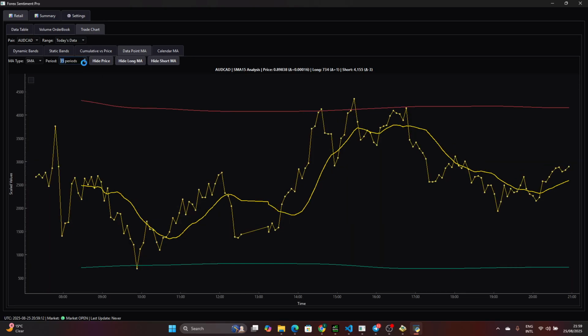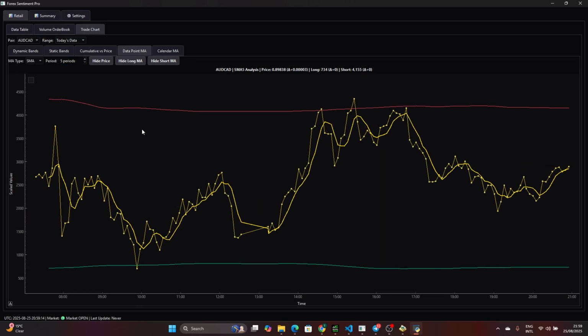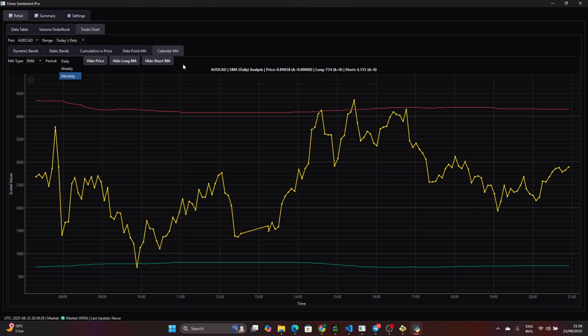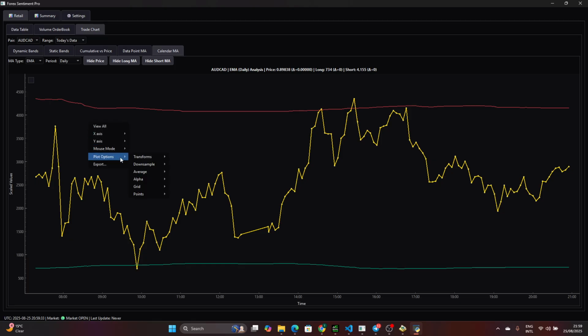And then we have moving averages of the volumes, where we have three moving averages, and then we have a calendar moving average, if you want to see the daily, weekly, or monthly moving average for the retail traders' long and short positions.